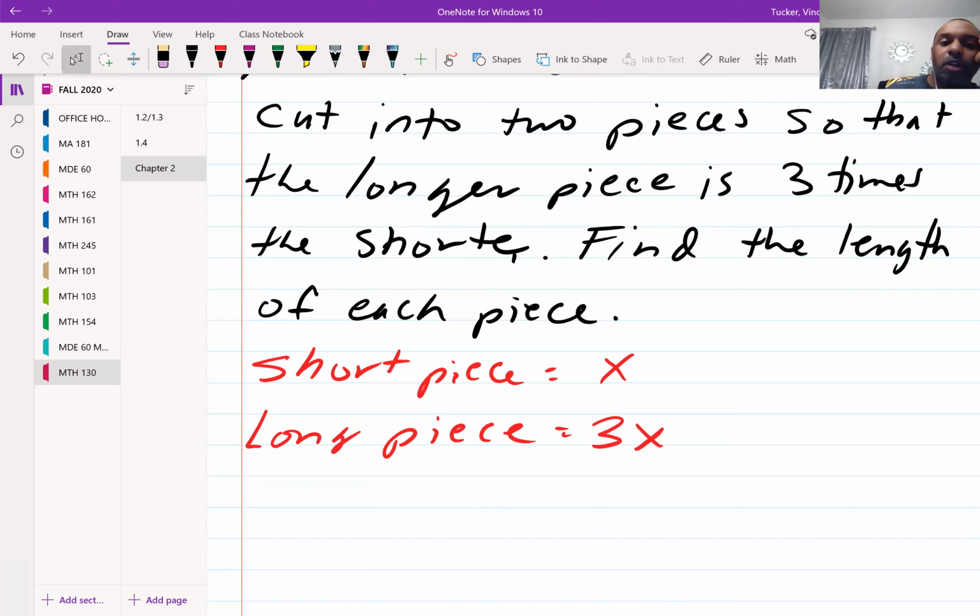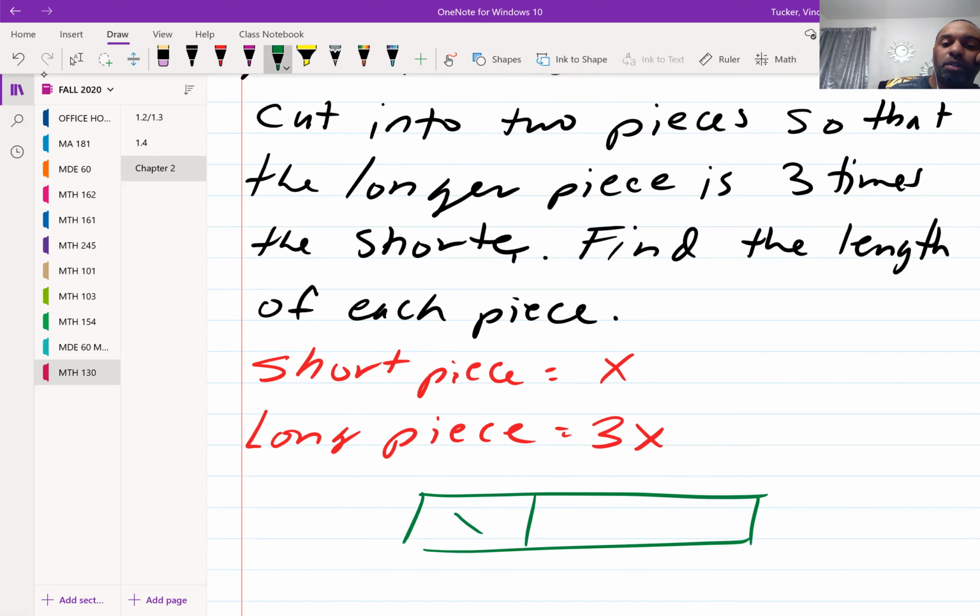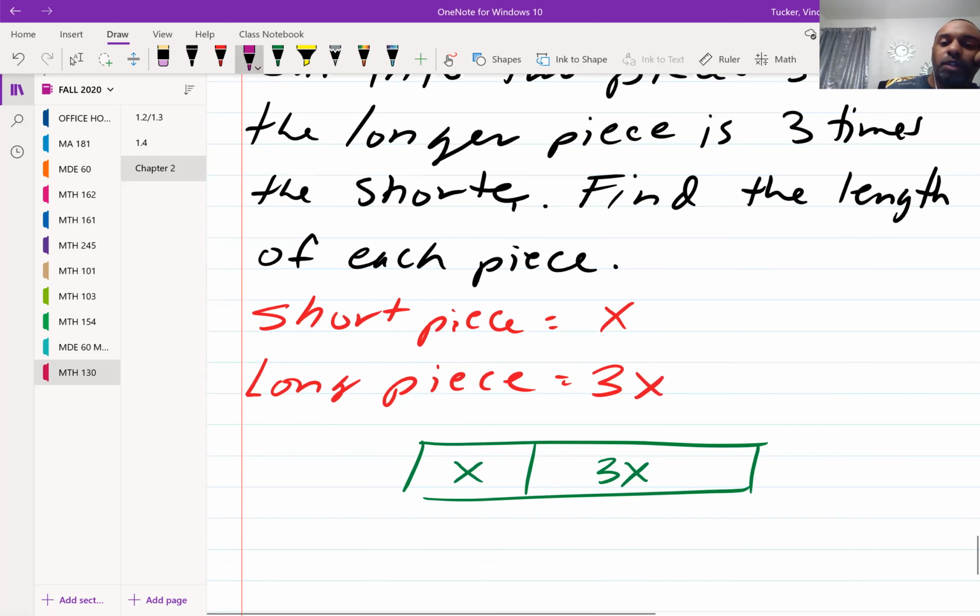All right. So when you look at the stick, you have a short piece and the long piece. The short piece is x, the longer piece is 3x. But don't forget that the whole thing is 48 inches.